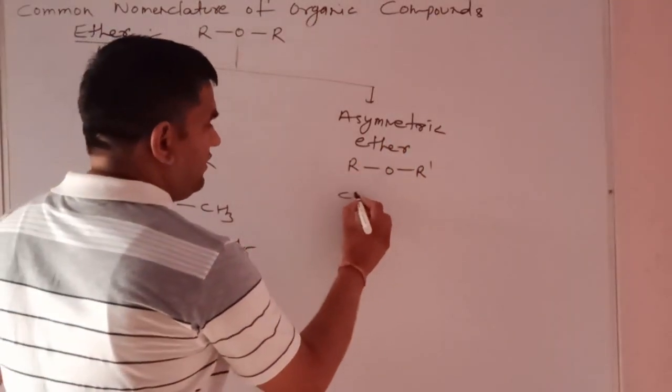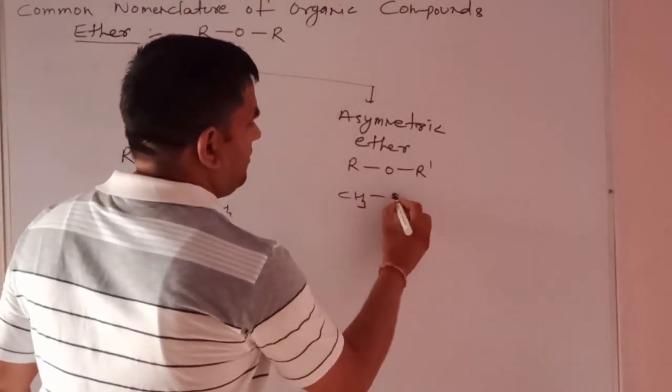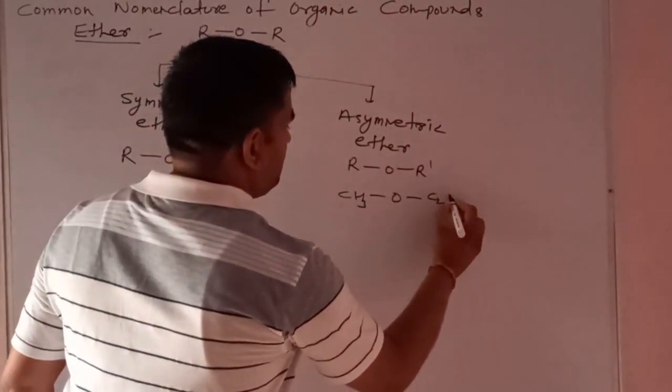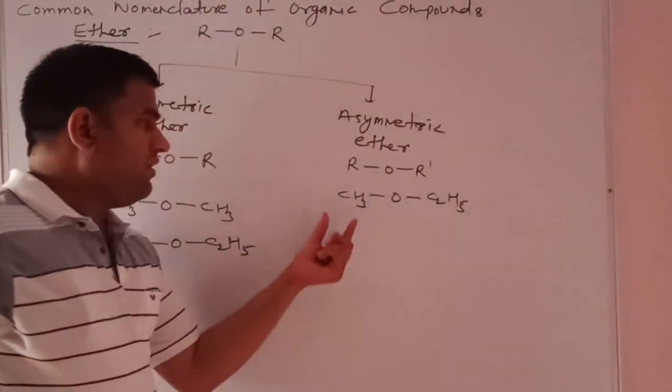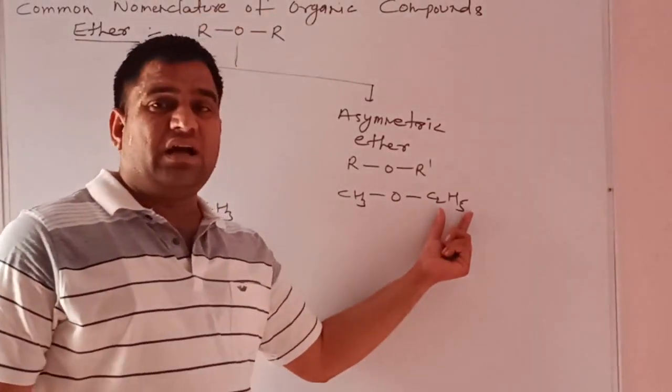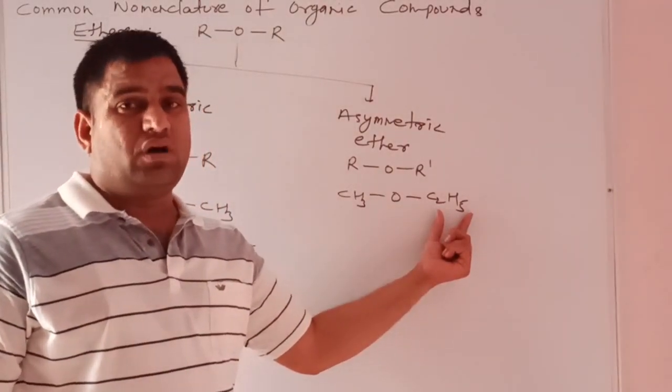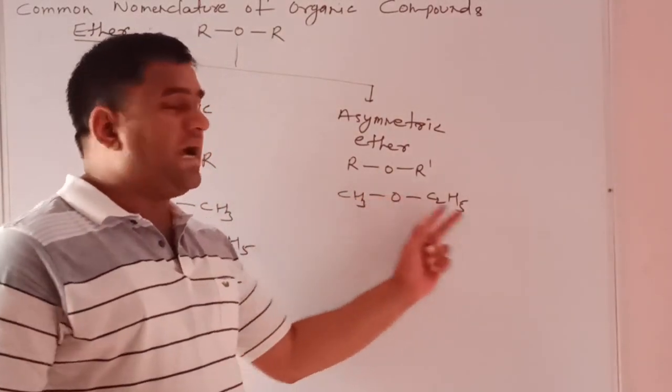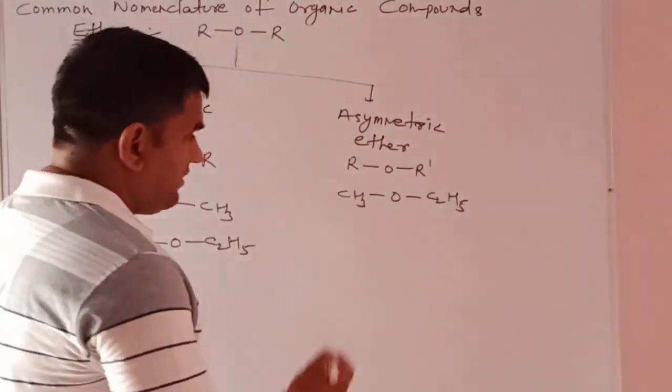For example, CH3OC2H5. The first hydrocarbon chain is CH3 and the second is C2H5. So both hydrocarbon chains are different.